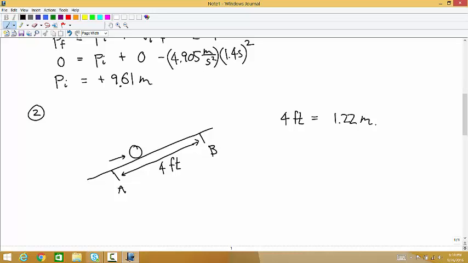It says that when it passes point A, the speed is 5.6 miles per hour, and you have to convert that in the problem. What you get is 2.50 meters per second.